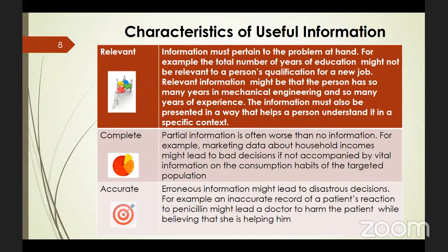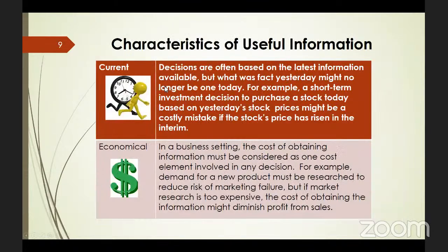That would be why the US federal FDA, the Food and Drug Administration, gave it full approval. For any business, if you don't have accurate information, the decision is going to be problematic. And you want it to be current.